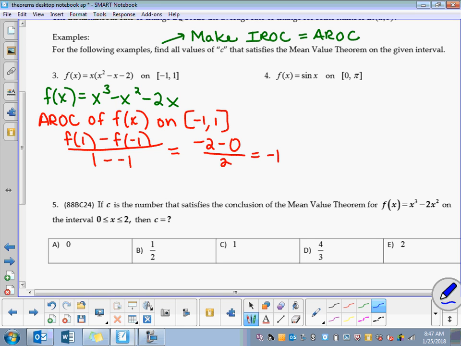So that means I should be able to make f prime of x equal -1 somewhere between the x's of -1 and 1. That would be the mean value theorem result.